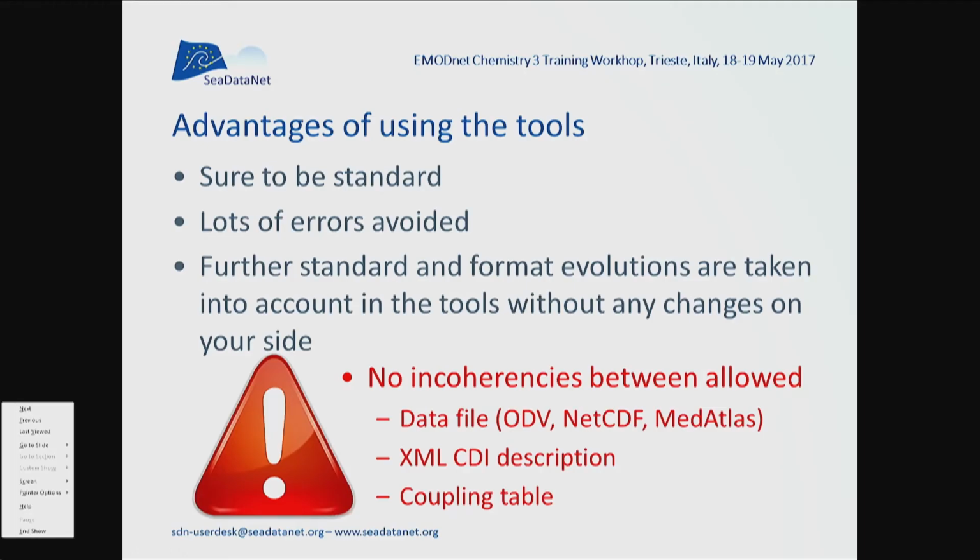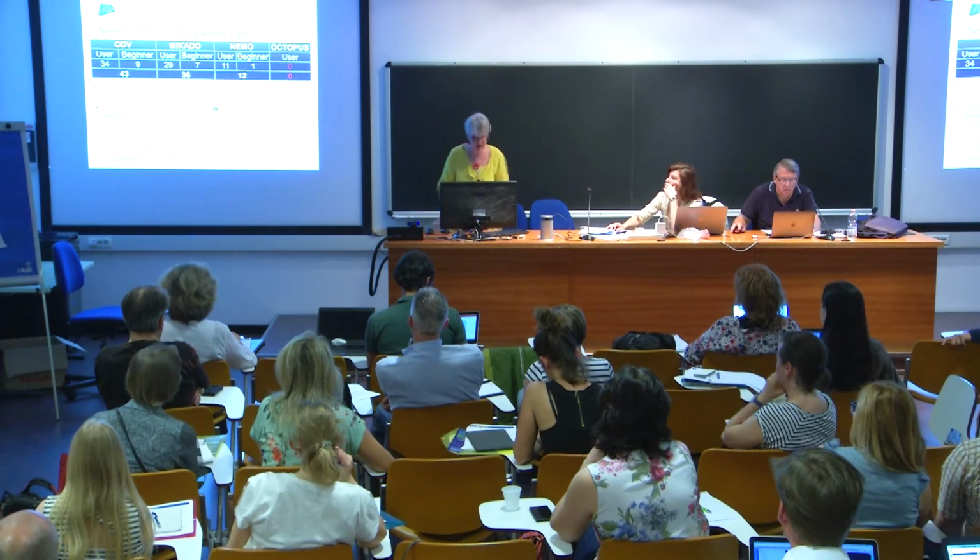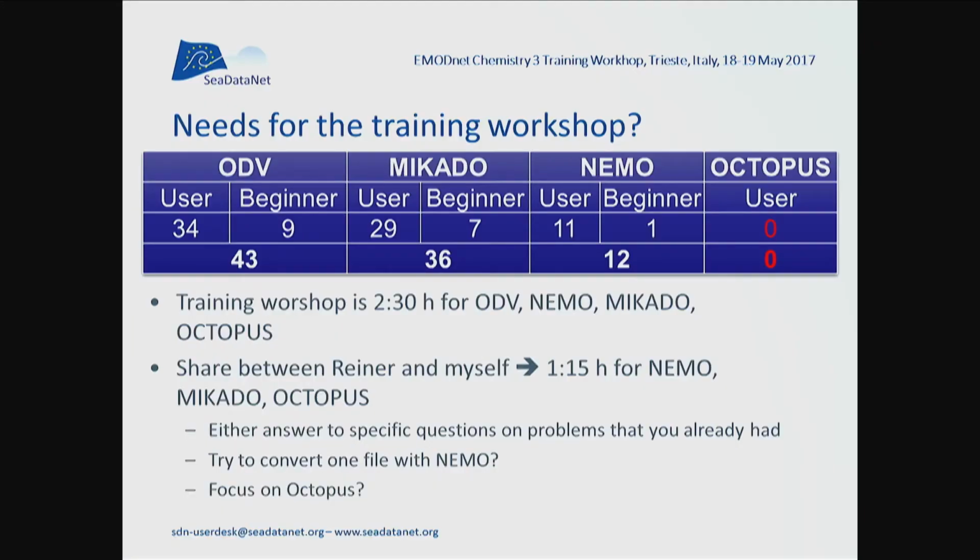I think for this presentation, it's more or less the last one, except that yesterday we put a paper around asking people what they need for the training course, and these are the results of this consultation.